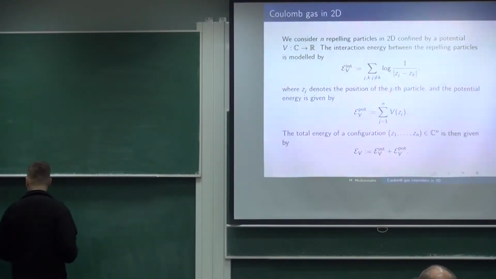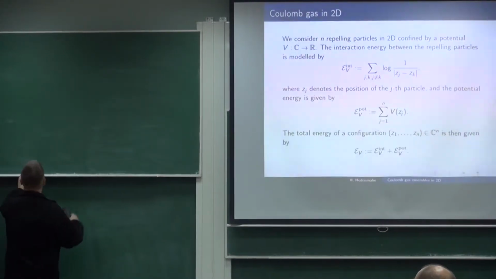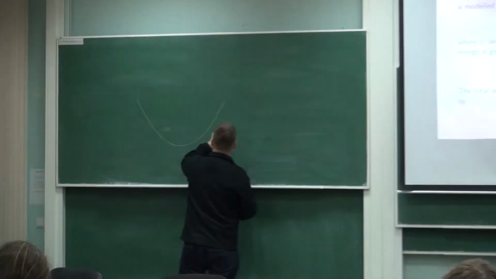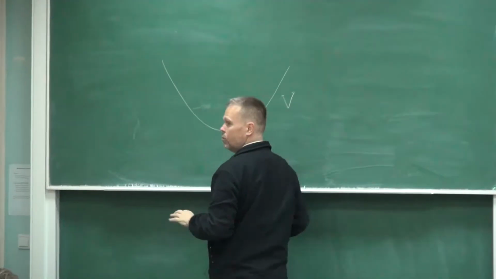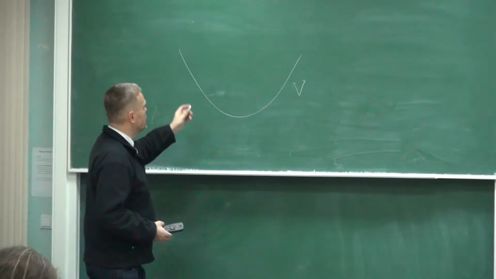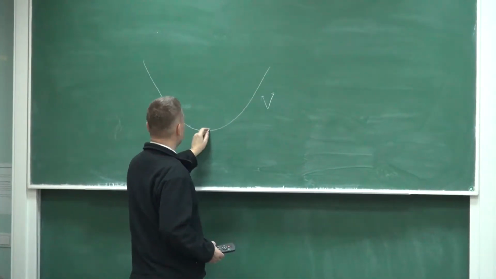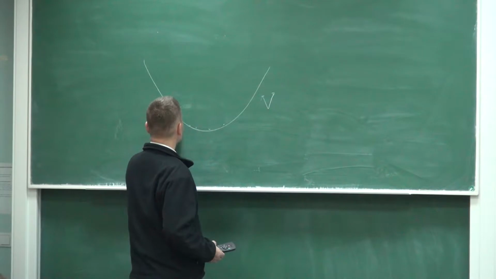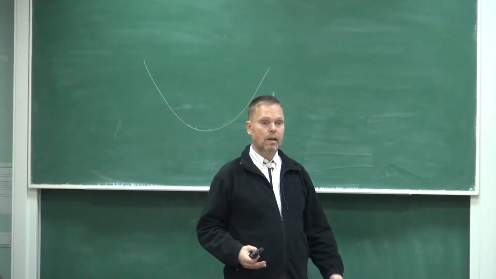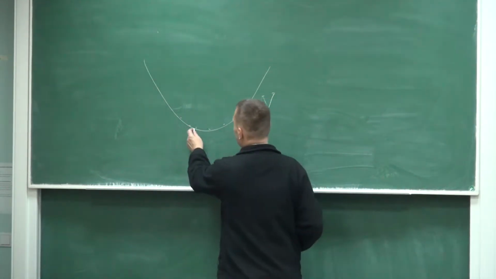Okay, so maybe I should try to draw here. You could think of it like this. I just draw it over one dimension. You could think about it like you throw in particles, and they are random particles, dynamically, if you want to.